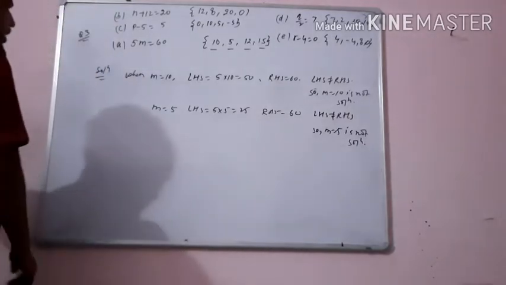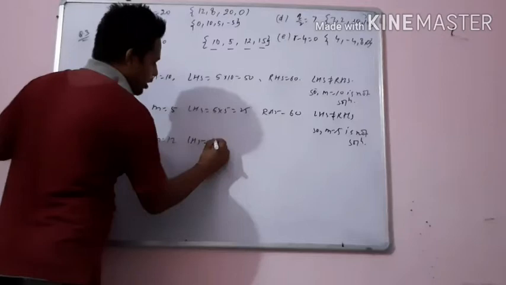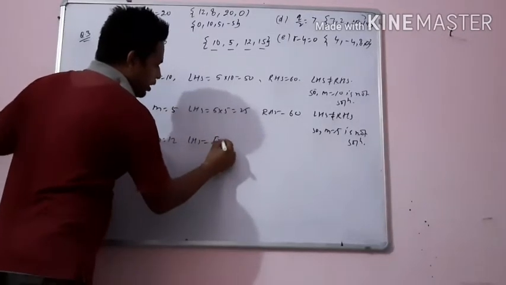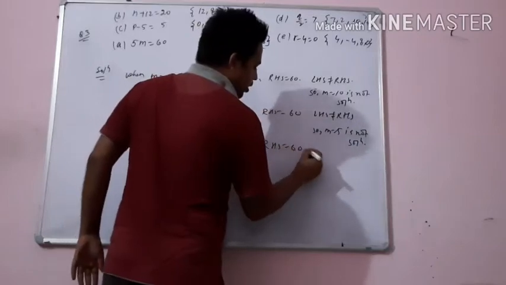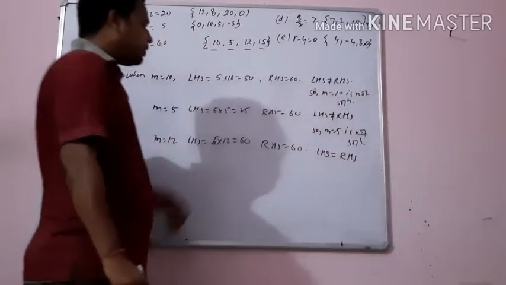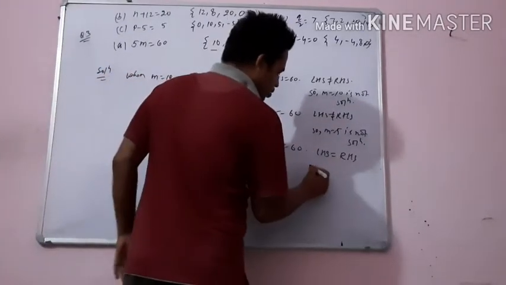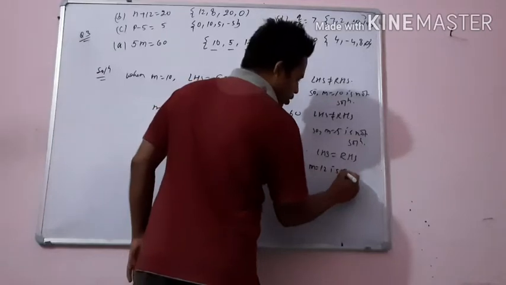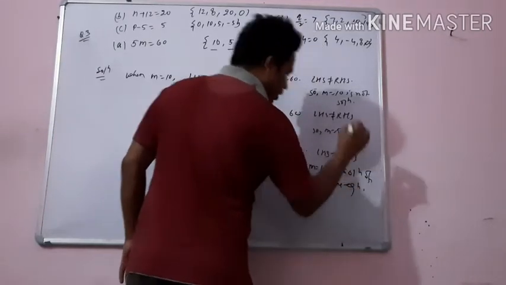Similarly, taking m equals 12, LHS will be 5 into 12, that is 60, and RHS is 60. So LHS equals RHS, so m equals 12 is a solution of the given equation.